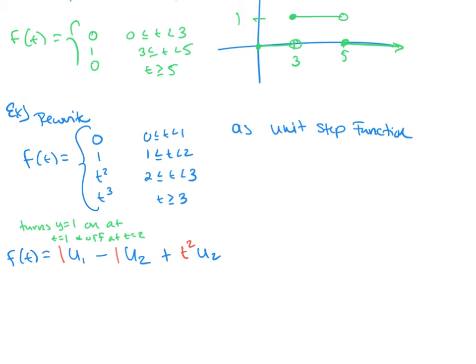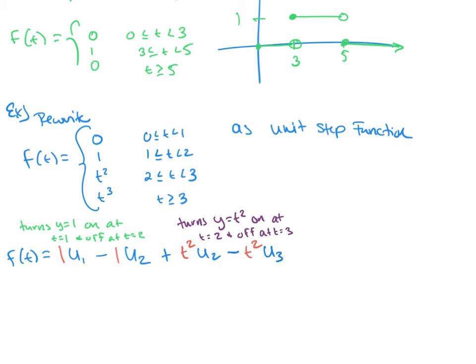And then I want to turn that function off, minus t squared u3. So this second part turns y equals t squared on at t equals 2 and off at t equals 3.